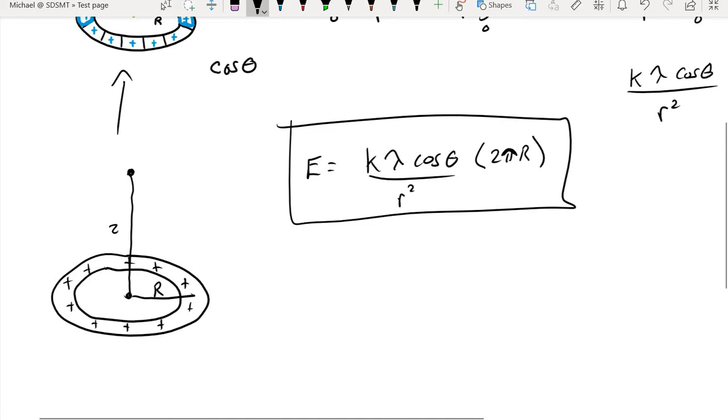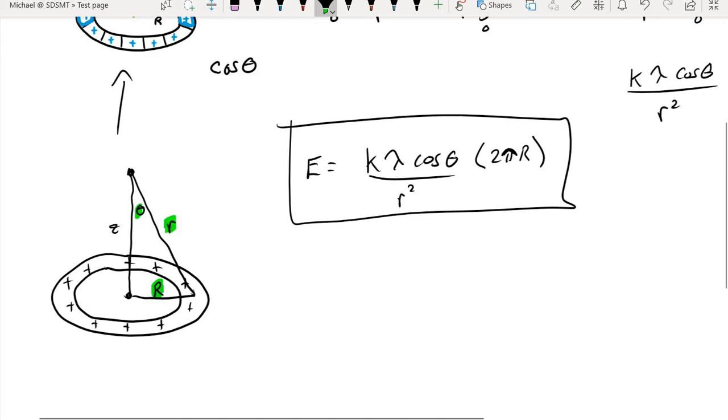We've got r, we've got z, we've got little r, we've got theta. And right now the only values that we need to solve the electric field are little r, theta, and big R.